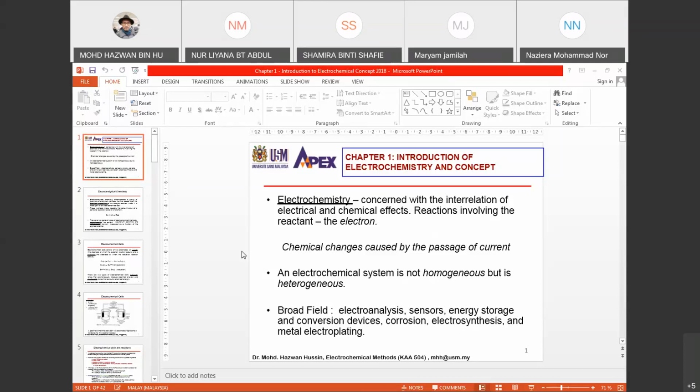Okay, so the chemical change is caused by the passage of current. Current is passing through because you have the formation of electrons. Current actually means that you have a movement of electrons, and the movement of electrons creates another effect that we call current. Okay, and an electrochemical system is not homogeneous, but heterogeneous. So why? It is not homogeneous because the processes are dependent on one another.